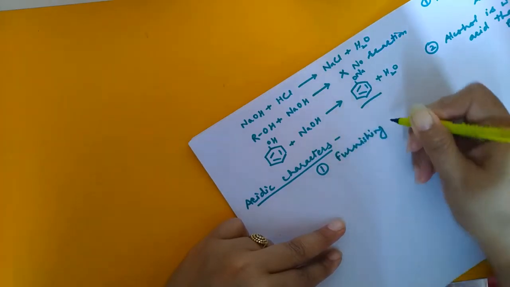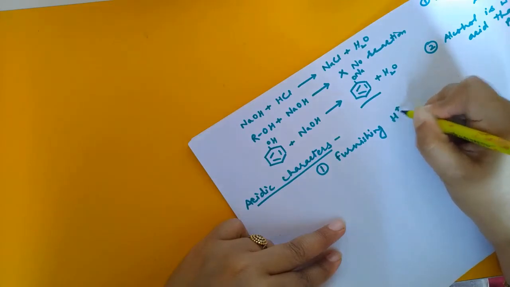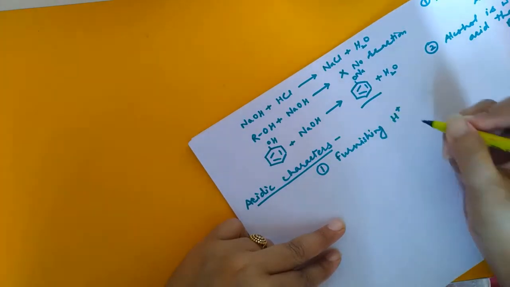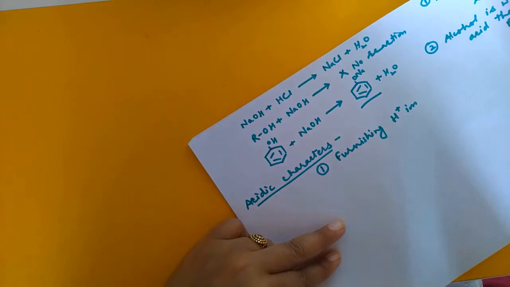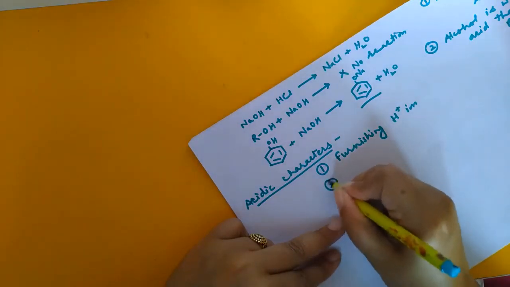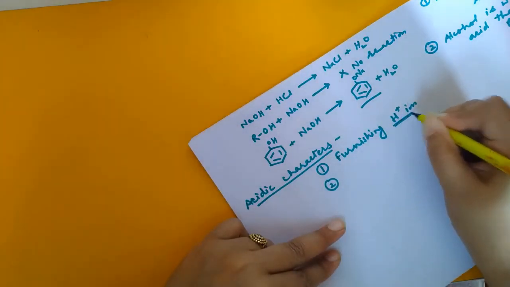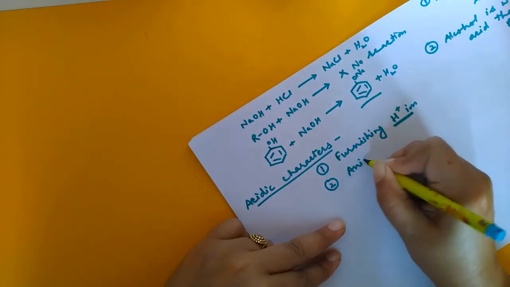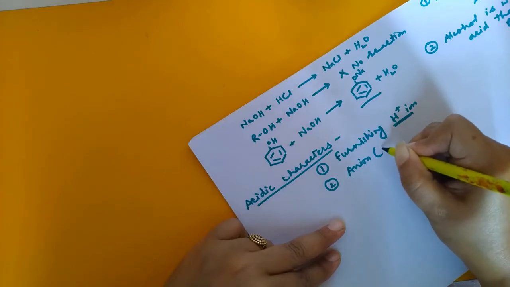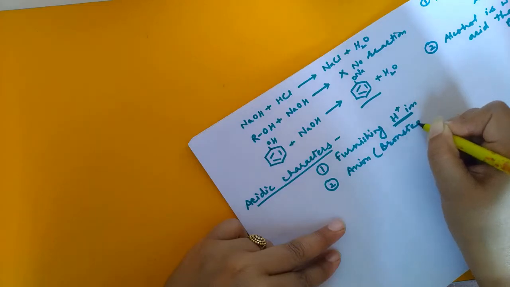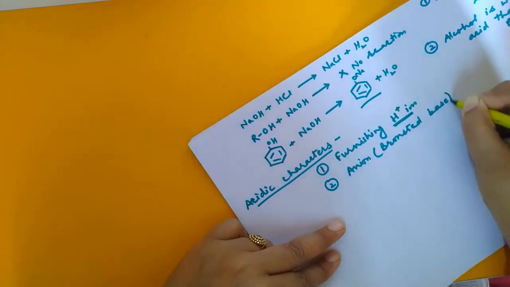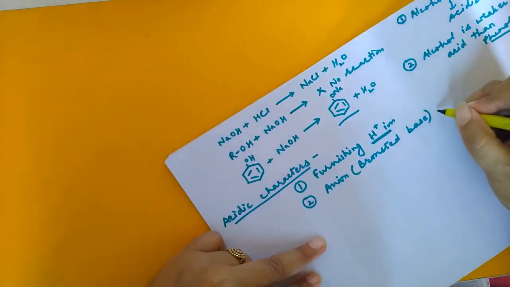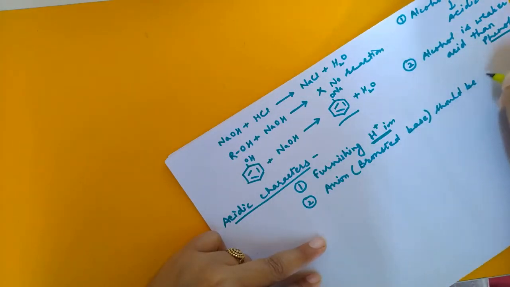If any compound furnishes hydrogen ion or dissociates to give hydrogen ion, it means that it has to be acidic. Then next is that after release of this hydrogen ion, whatever anion is left, or in pure chemistry language, whatever Bronsted base is left after loss of a proton, that should be stable. So the anion or Bronsted base should be stabilized.